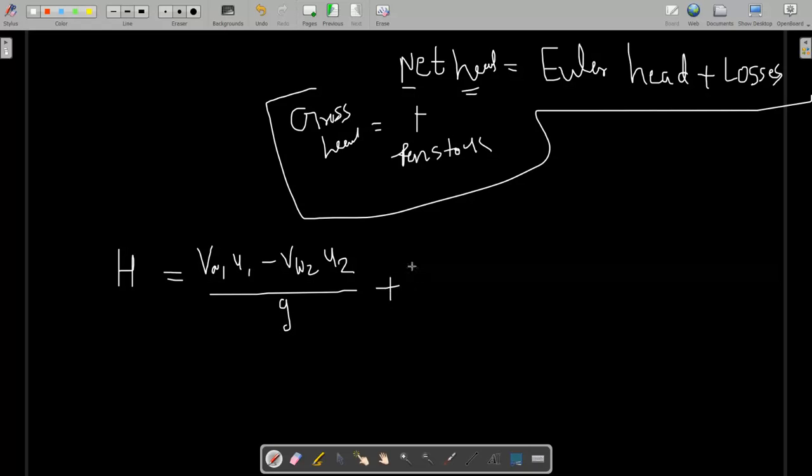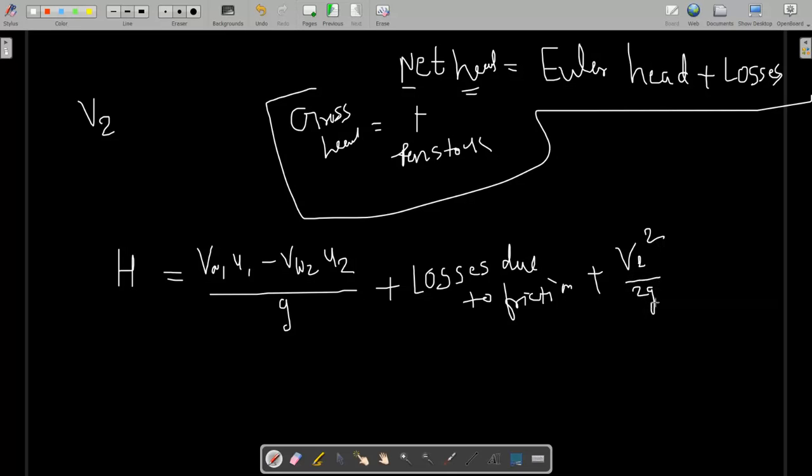That means losses due to friction, and the water is exiting the runner or turbine at velocity V2. So the velocity head is V2 square by 2g.